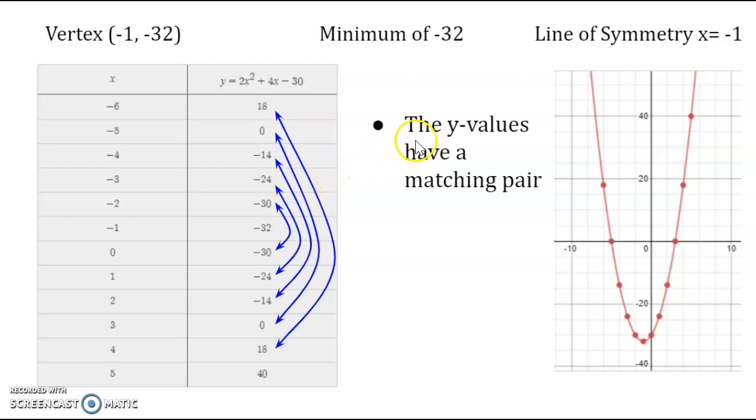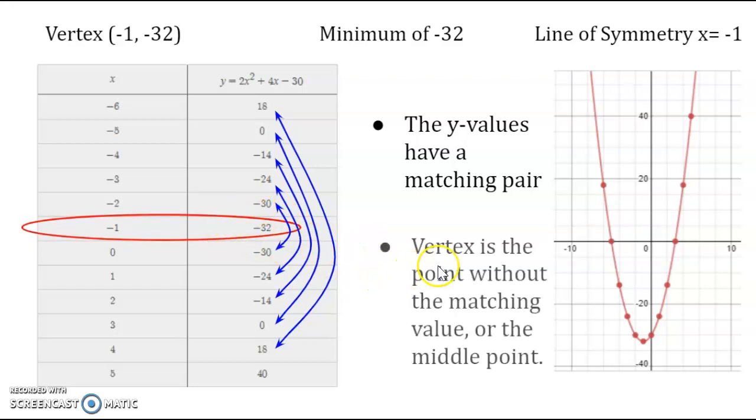So you should discover that when you have a table, the y values have matching pairs. It surrounds the vertex. So that means that the vertex is the one point without the matching value, or the one in the middle of all the matching values.